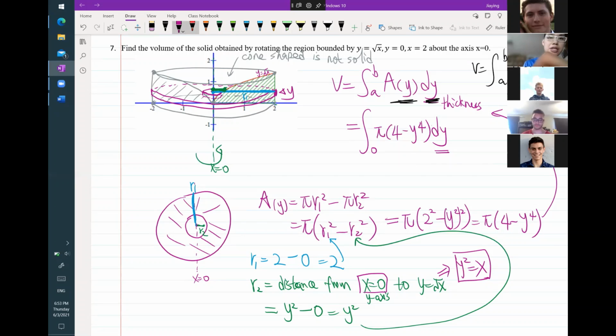The highest, just like we had in the previous example, is given by this point. So the highest y will be square root of 2, just like in the previous example. And I'm not finishing this integral.